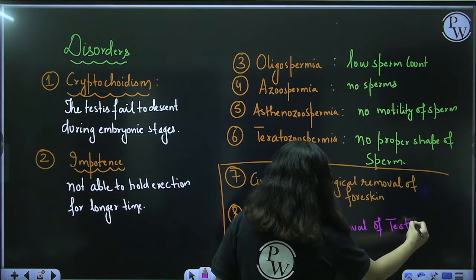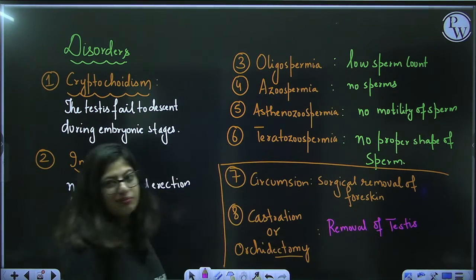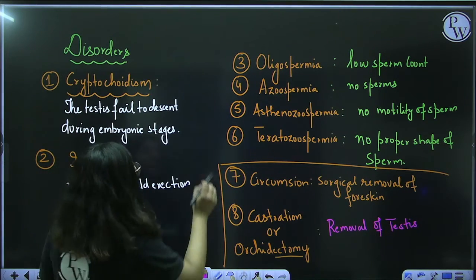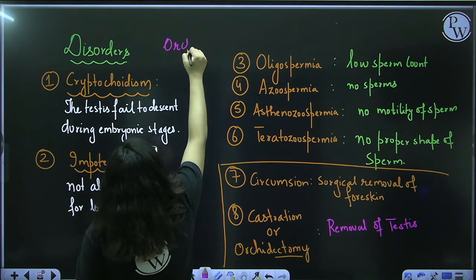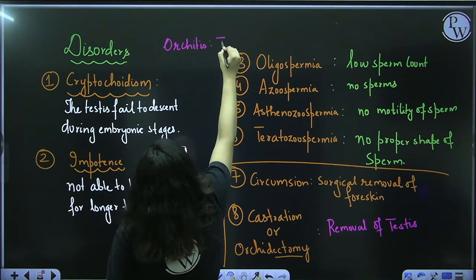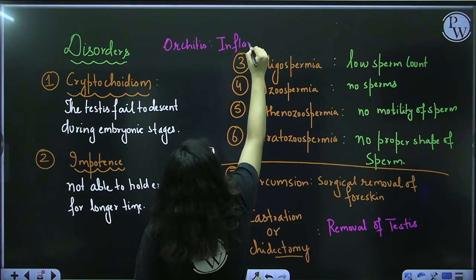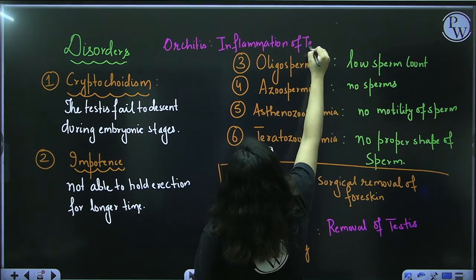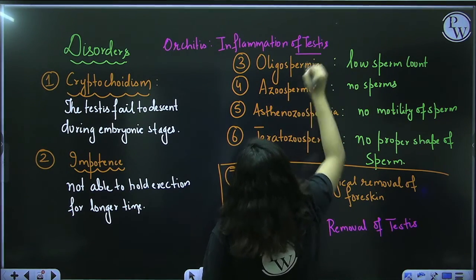Or we can say this is a layman's term, this is a doctor's term. The word orchid is always used for testes, like we say orchitis. Orchitis is inflammation of testes.